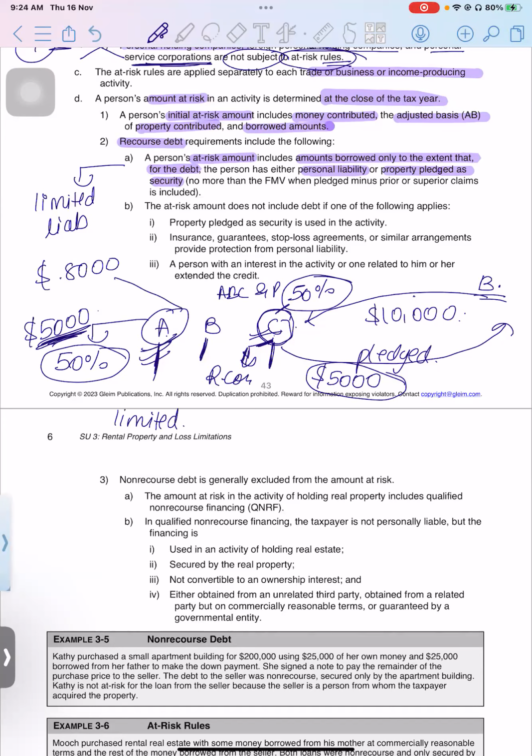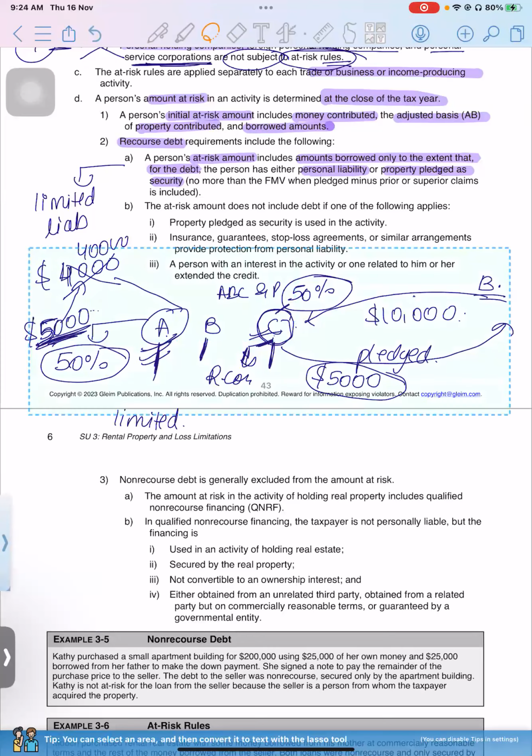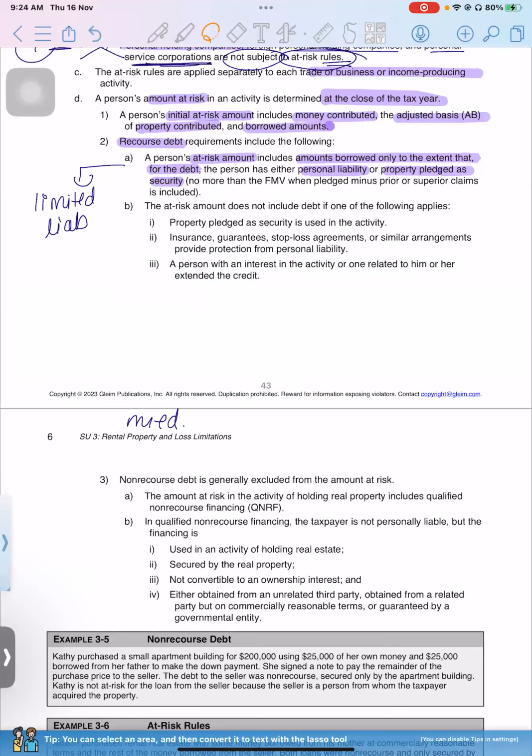He has a basis of 8,000 in the partnership firm. So yes, this 5,000 he will be fully liable. But let's say he has a basis of just 4,000. So out of this 5,000, he will be liable only for 4,000, not the whole 5,000. Got it, guys? I hope you understand the difference between recourse and non-recourse. Many people still get confused in this topic.